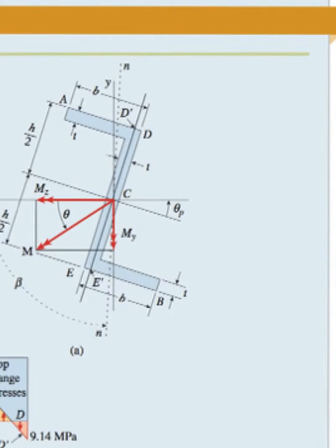Now we break the bending moment into two components, and please note that the arrow shown here does not indicate force, but it indicates the direction of the moment according to the right hand rule. The right hand rule requires that you use your right hand and make sure your thumb is pointing in the same direction as the arrow.